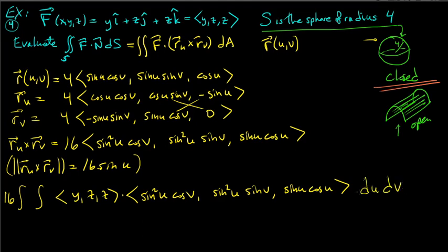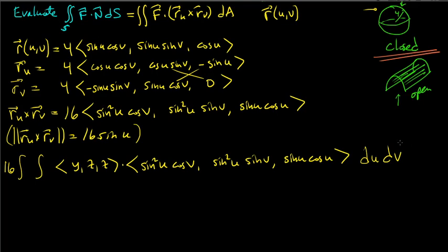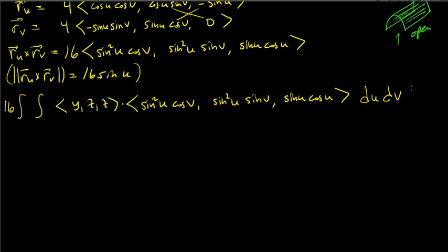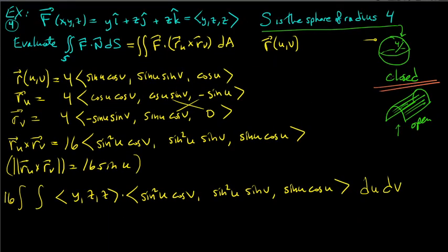We should do u first. If you do dv du, then I think that usually reverses it. You get a negative, I think, in some cases, but I'm not sure about this one. So what is u? U is phi.